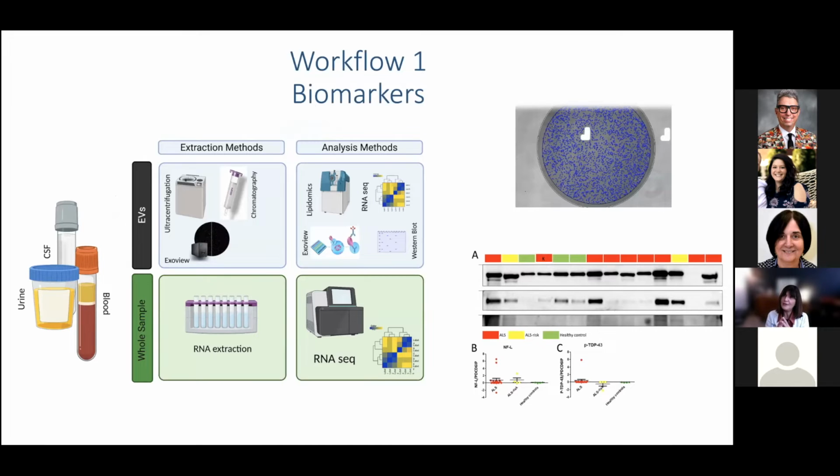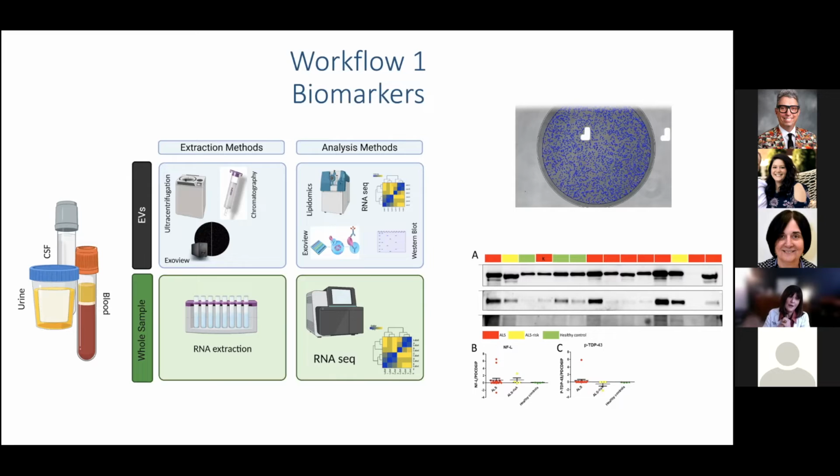I told you that the goal for us is to really identify biomarkers of disease or prognostic biomarkers or disease biomarkers specific to one group of patients. Through the analysis of these EVs, now we can do it by simply taking the blood every time, for instance, you come to clinic, right?